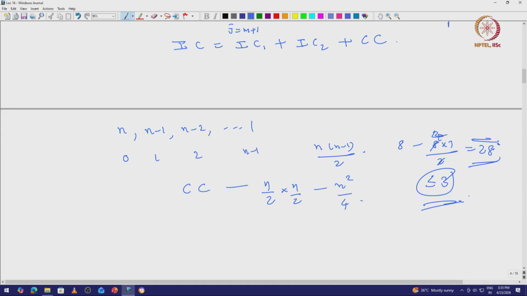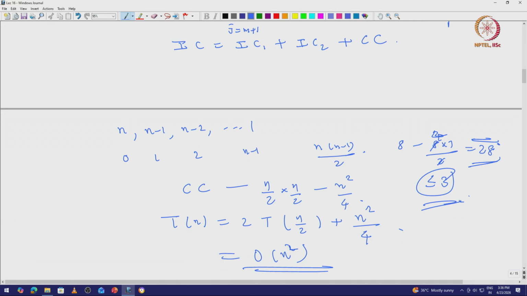So, your naive algorithm will be T of n is twice T n by 2 plus n square by 4, and this will be order n square. This is bad.